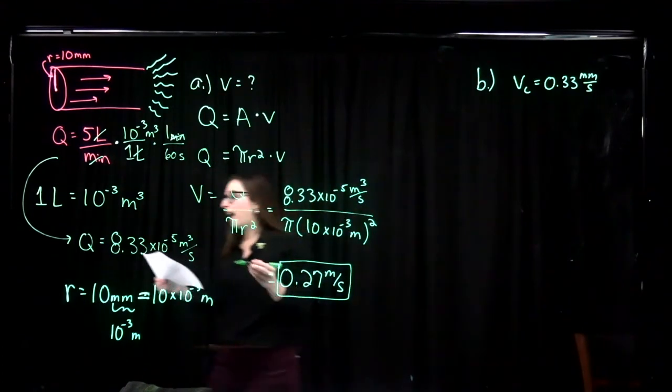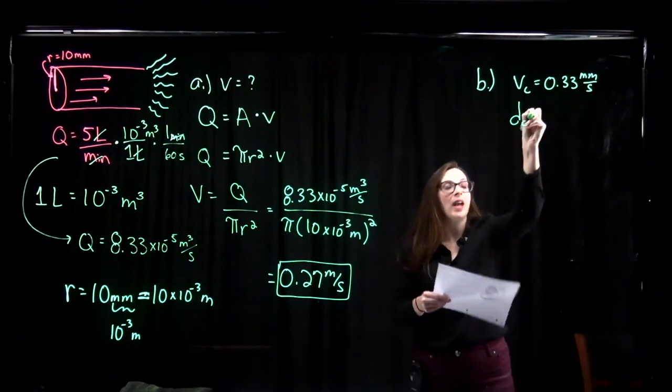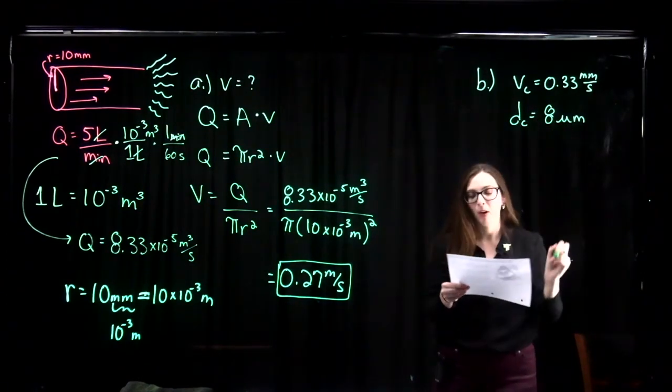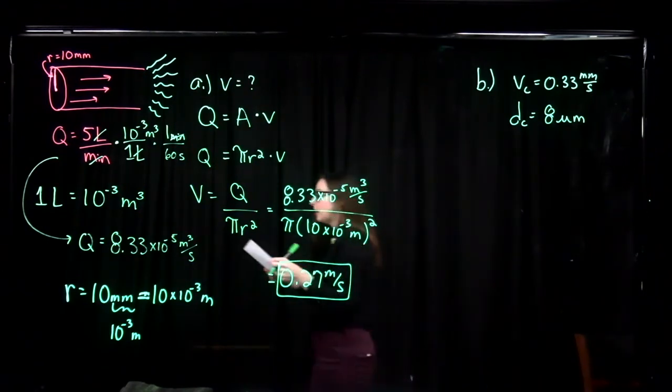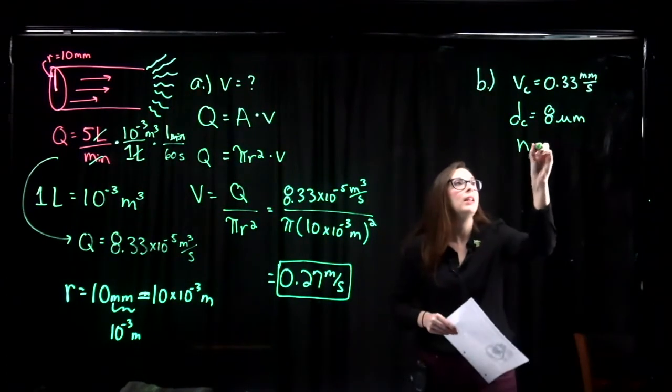Given that the average diameter of a capillary is 8 micrometers, calculate the number of capillaries in the blood circulatory system, N equals question mark.